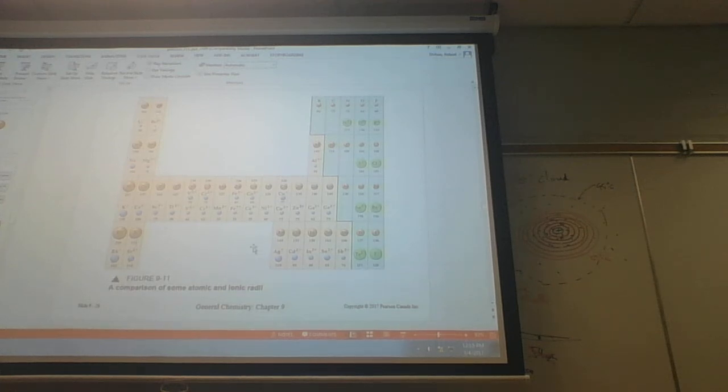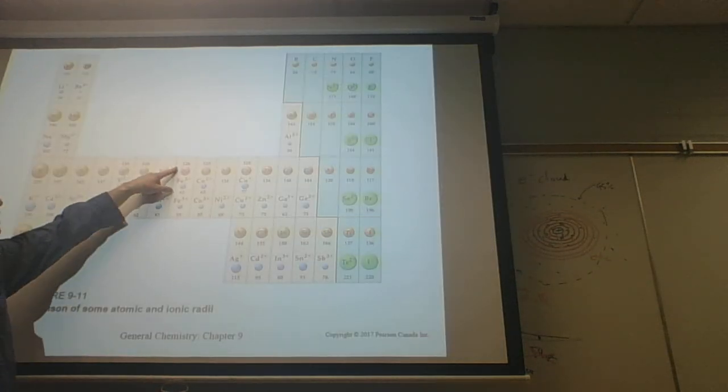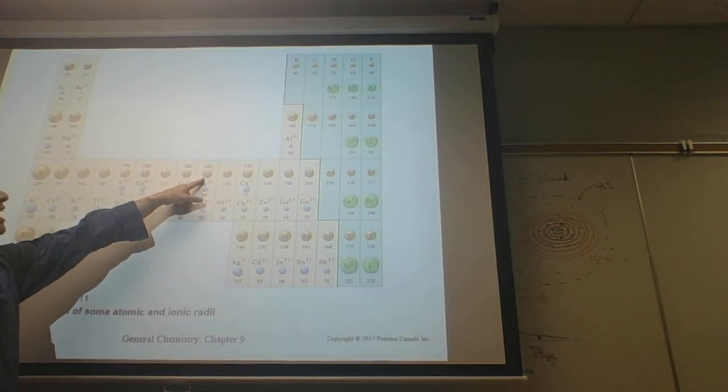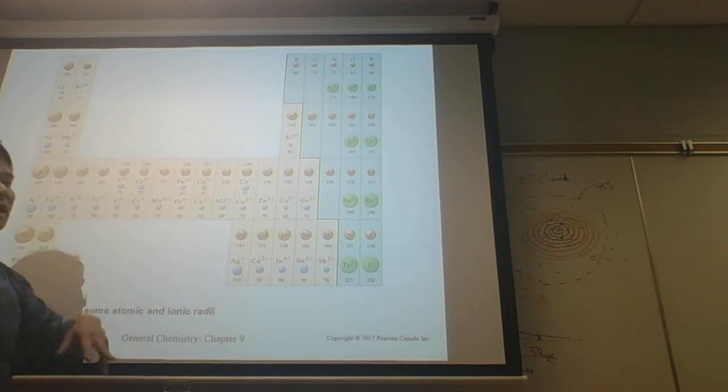Let's just do iron and cobalt. I don't know if you guys can read this. Iron is 126, cobalt is 125. They're about the same size. Do you see that? Why is that?